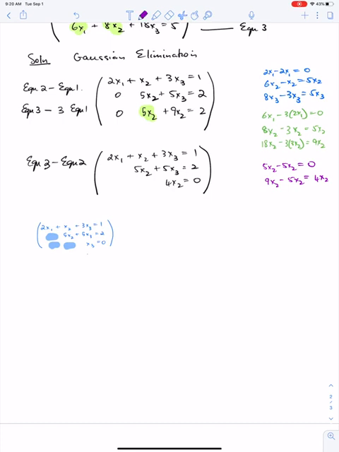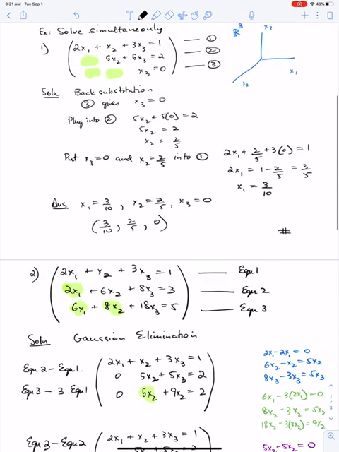I'm sorry, that's x3 over here, not x. This is 3, and it's 3 and 3 and 3. 4x3 equals 0. That's just x3 equals 0. So it's the same system that we had before, and we will solve it the same way.